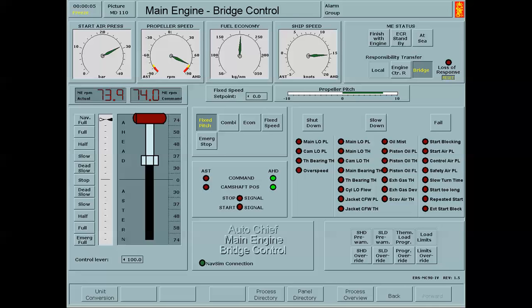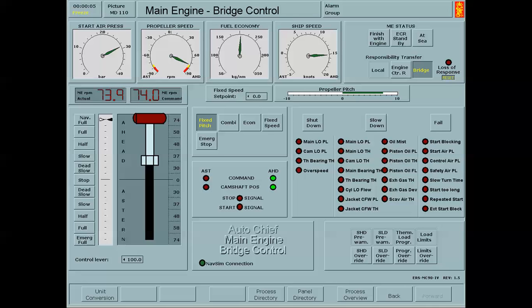Down below that, you'll see there's some load limits. A button named load limits and load limit override. The load limits is what's going on: you have a computer monitoring the main engine to prevent it from going into overload.